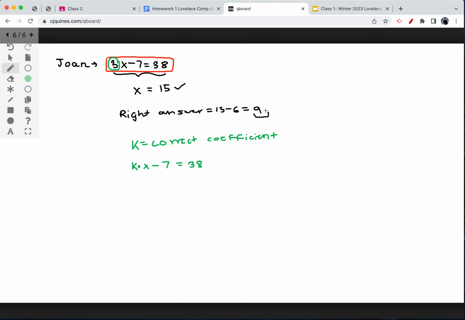So now we have 2 variables here, and obviously we can't solve for both. But what we do know is that the right answer should have been 9. So if we put 9 into this equation, then we can get the value of k. So if we solve this, you get k is equal to 5.